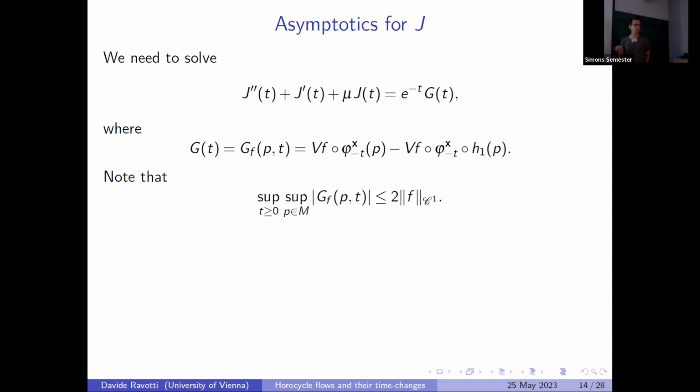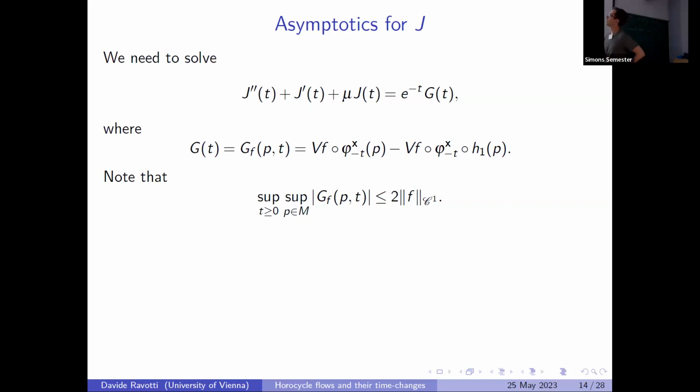But if I'm just interested in upper bounds, for any point p and for any time t, this function g will definitely be bounded by twice the sup norm of the derivative vf, which in turn is bounded by twice the C1 norm of f. So what I found is that this ODE is non-homogeneous because I have a non-zero right-hand side. But on the right-hand side, I have something that is e to the minus t times something uniformly bounded in t. So it's not this equals 0, but this equals something of order e to the minus t.